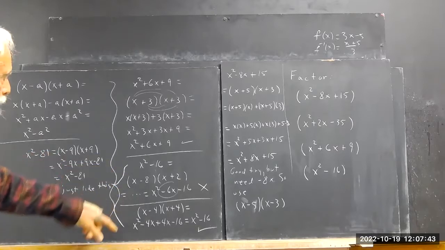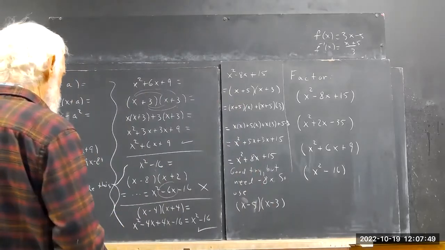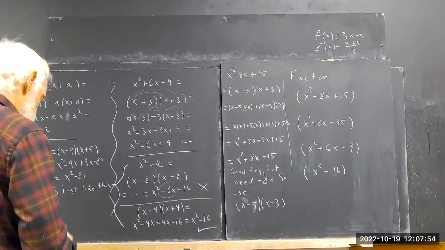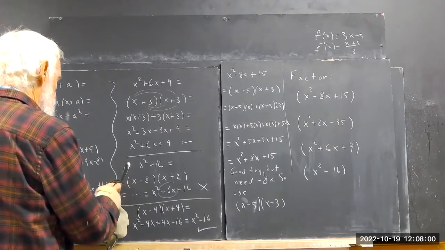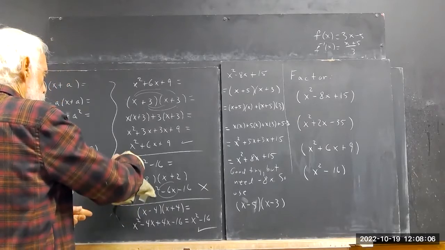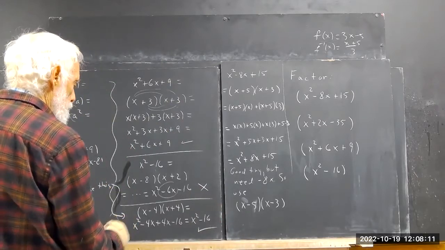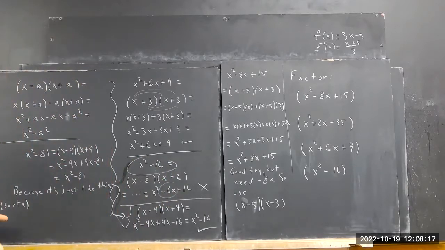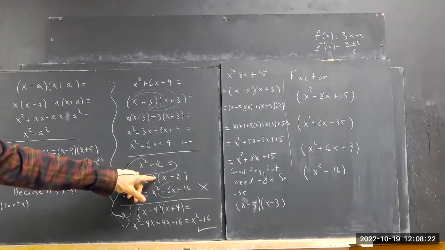Okay, if you understand this, you see that it's just like this example, except it's the square of 9 instead of the square of 4, okay?